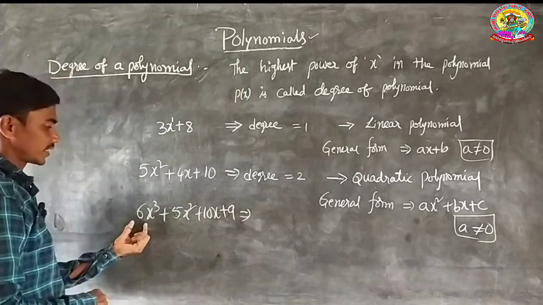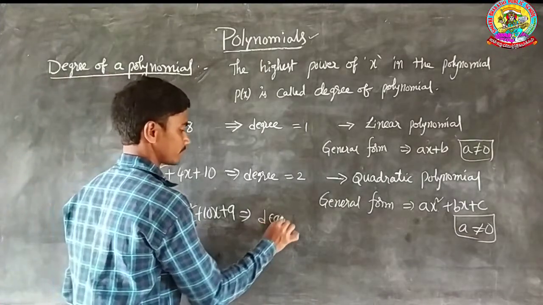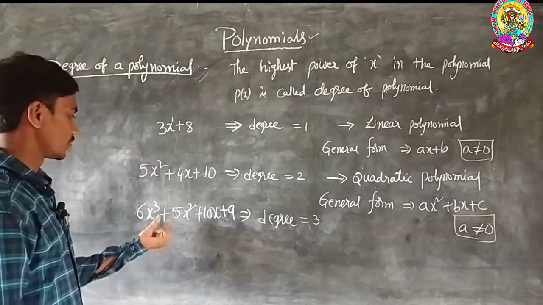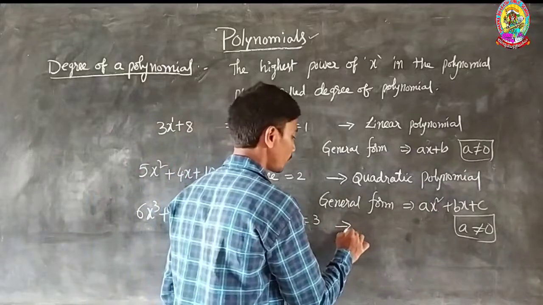Next, what is the degree of 6x cube plus 5x square plus 10x plus 9? Degree is equal to 3. If the degree of a polynomial is 3, that is called a cubic polynomial.